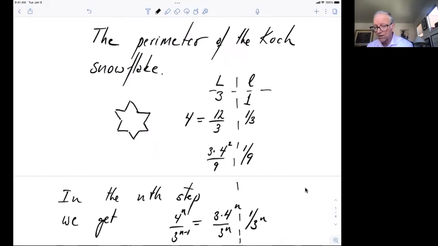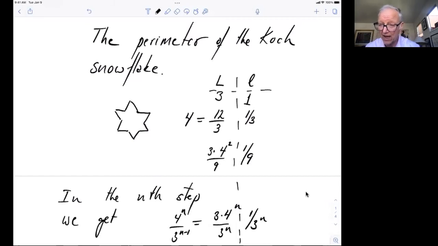Now, when I started with the original triangle and I made the first cut, every line segment was turned into 4 segments, 1/3 the length. So altogether, since we have 3 sides, we're going to get 12 segments. Each one of them has length 1/3. And if we multiply 1/3 by 12, we get 4.